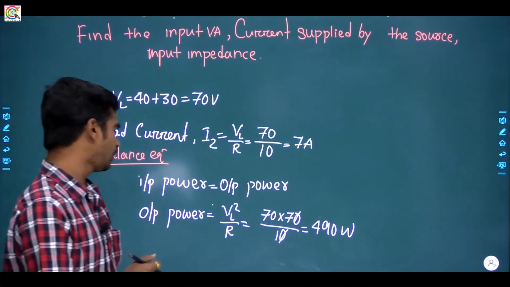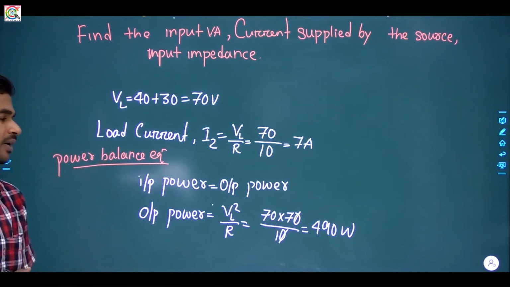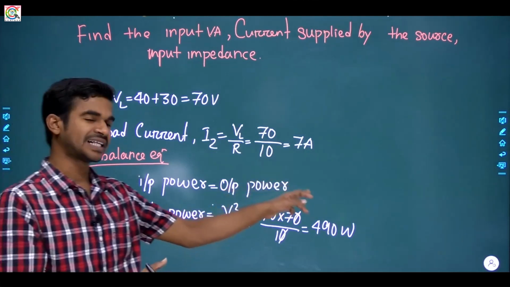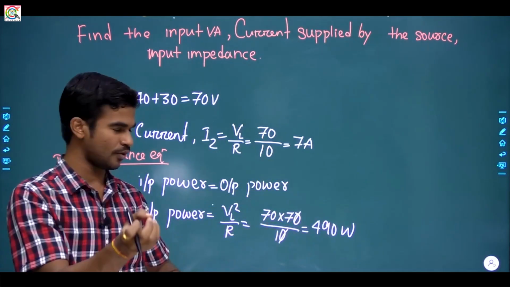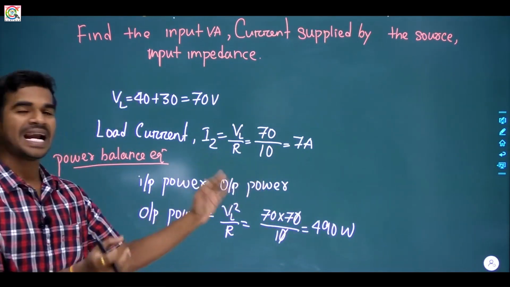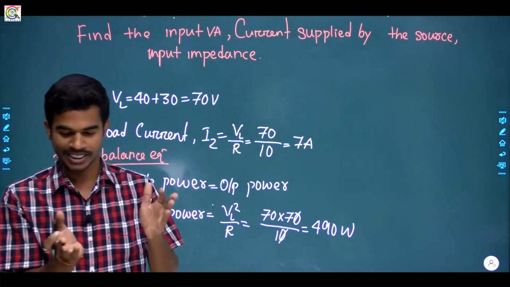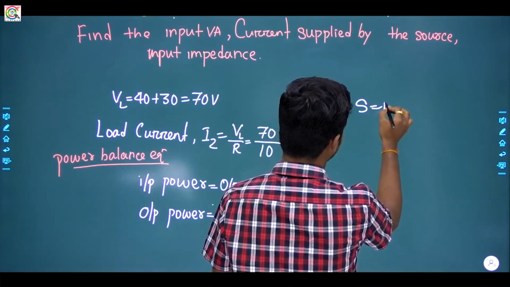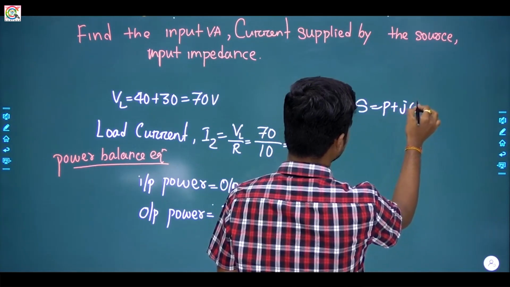Now tell me what will be the input power? The input power will remain the same. Here the reactive power consumed by the load is 0. See, the apparent power is given by the real power plus reactive power.